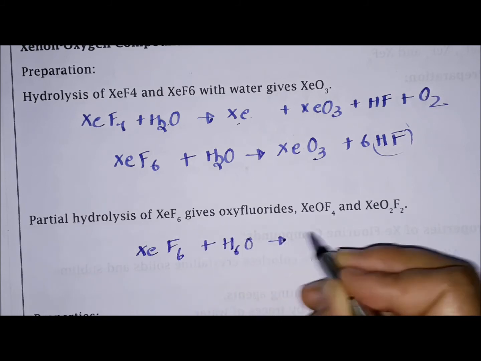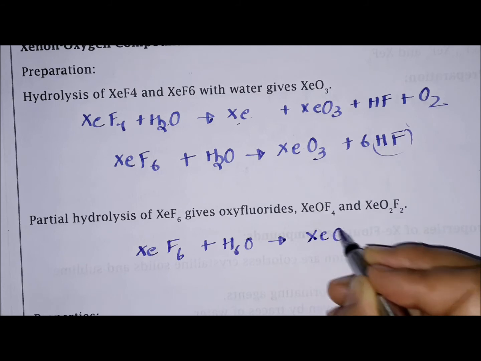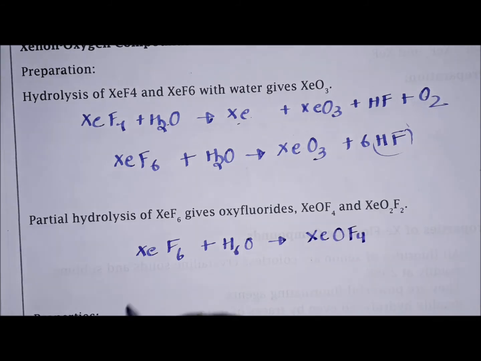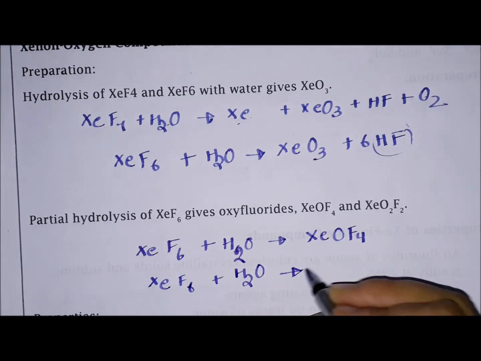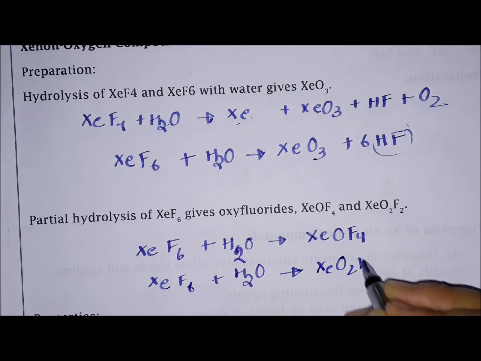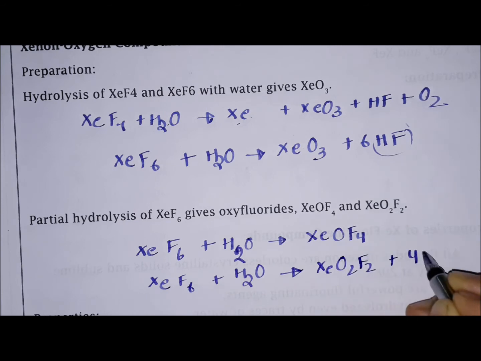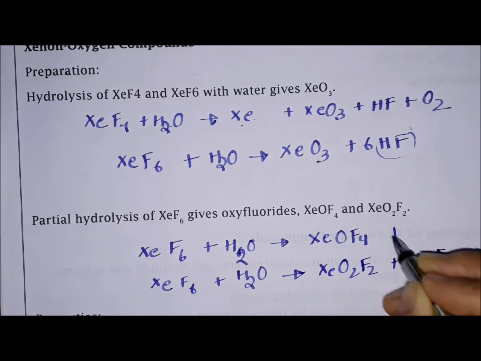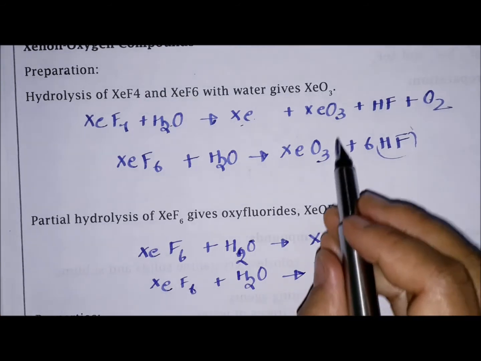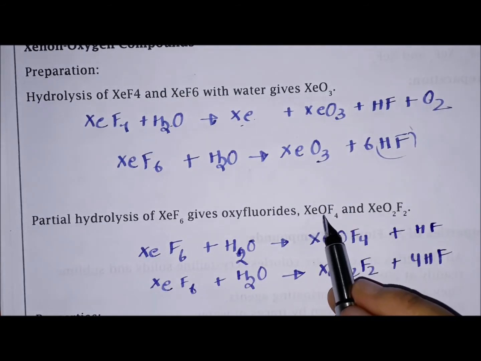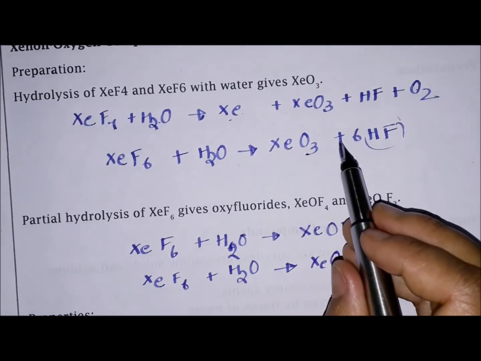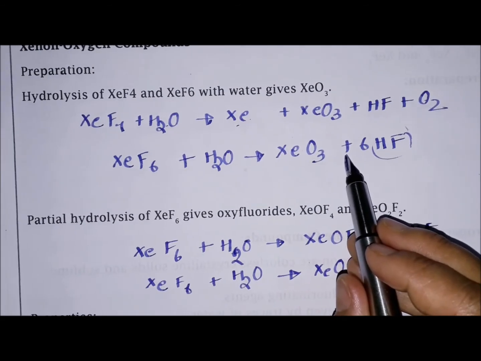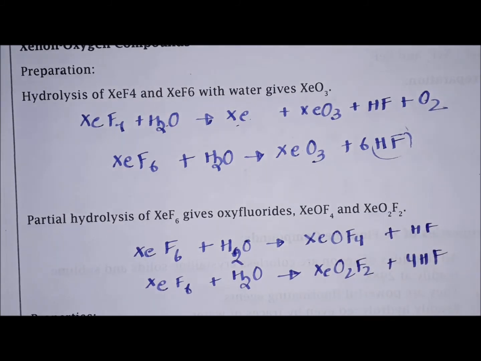XeF6 with H2O gives XeOF4, or XeO2F2 with HF as byproduct. So in partial hydrolysis you will get either XeOF4 or XeO2F2, but in complete hydrolysis you will get XeO3.